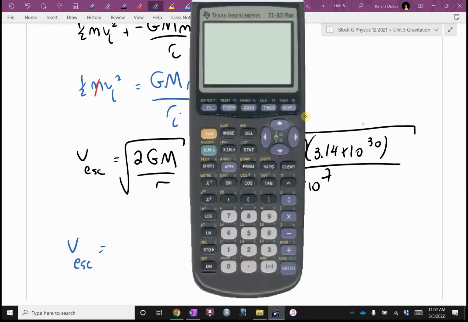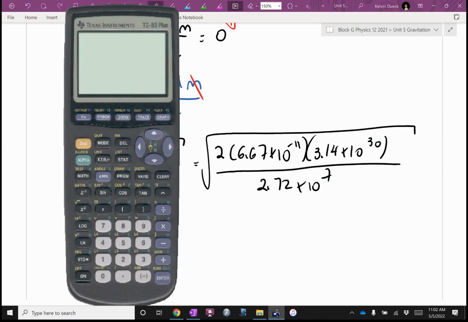Alrighty. This is a bigger planet than Earth, so I'm going to guess. I just remember escape velocity for the Earth. I think it was 11,000 meters per second. Probably going to be bigger. Just a guess. That looks okay.